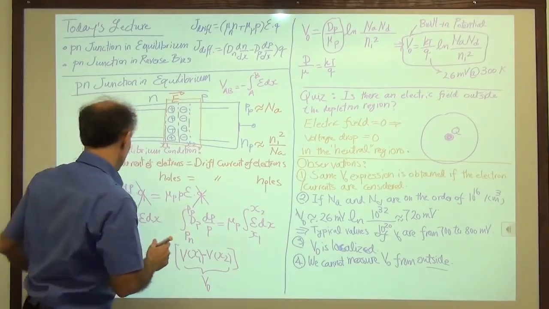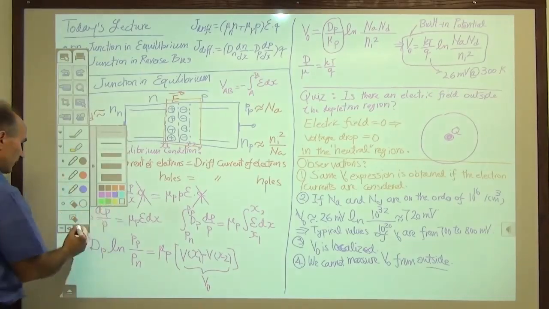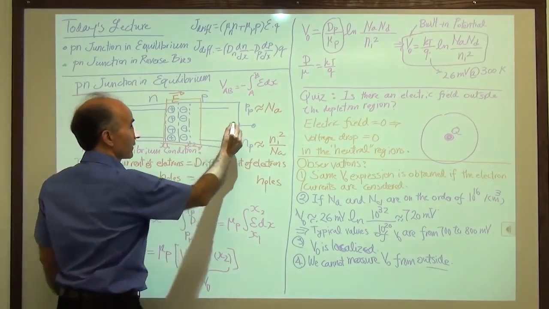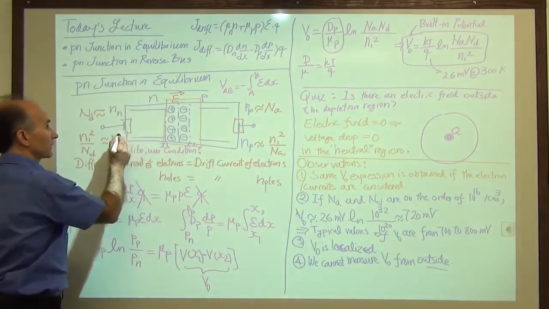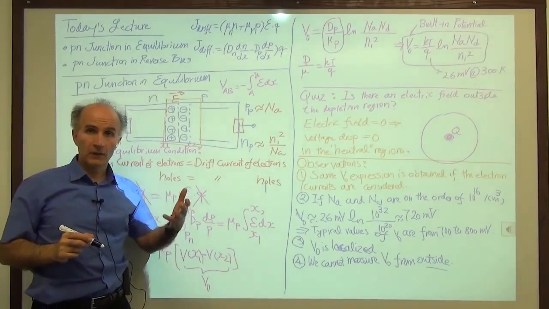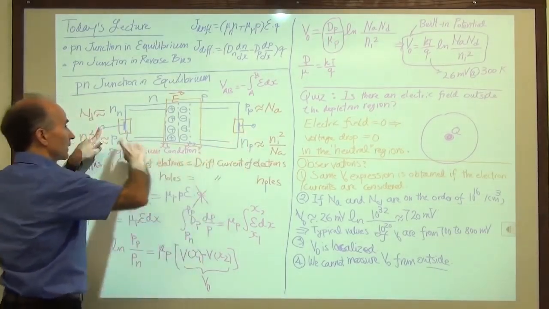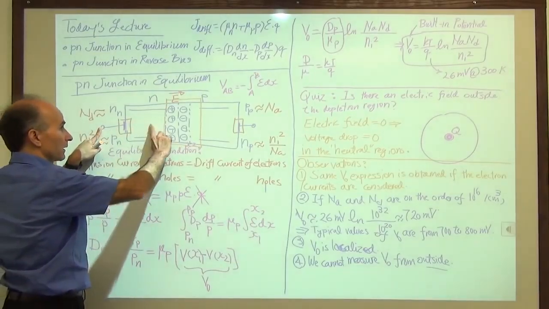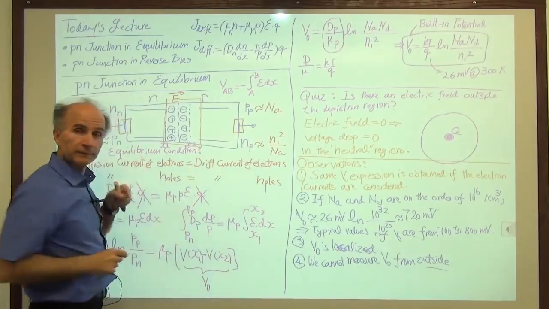So now, if I change the color of my pen, you can see that we have another built-in potential here and another built-in potential here. So if we use Kirchhoff's voltage law, as we start from here and go here, we have 1 voltage, nothing here, 1 more voltage, nothing here, 1 more voltage.